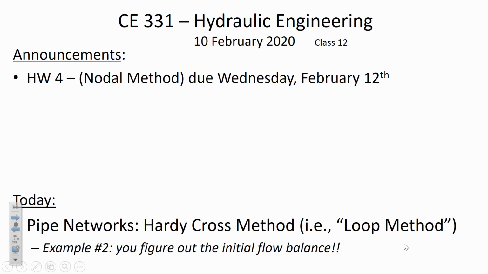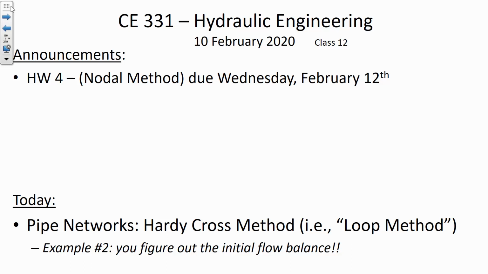Anyways, okay, today we're going to continue the Hardy Cross method. What we're trying to do with the Hardy Cross method is identify the flow rate through every pipe in the network, and also sometimes we'll calculate the pressure at junctions.